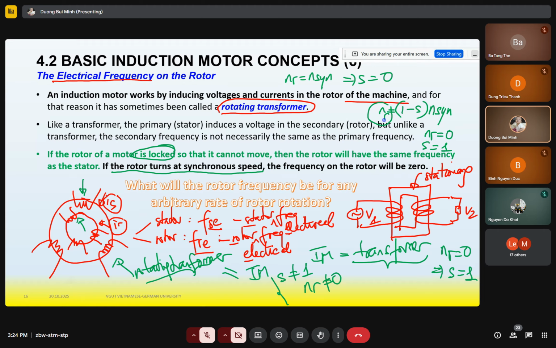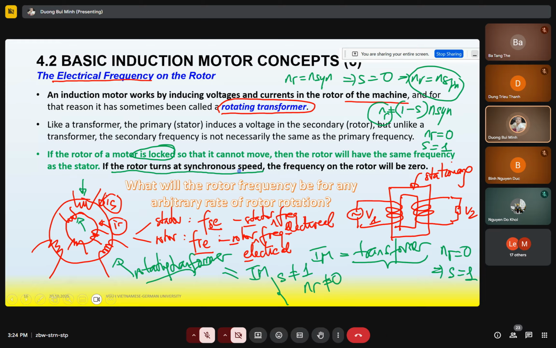But we cannot get the condition where the rotor turns at the synchronous speed.